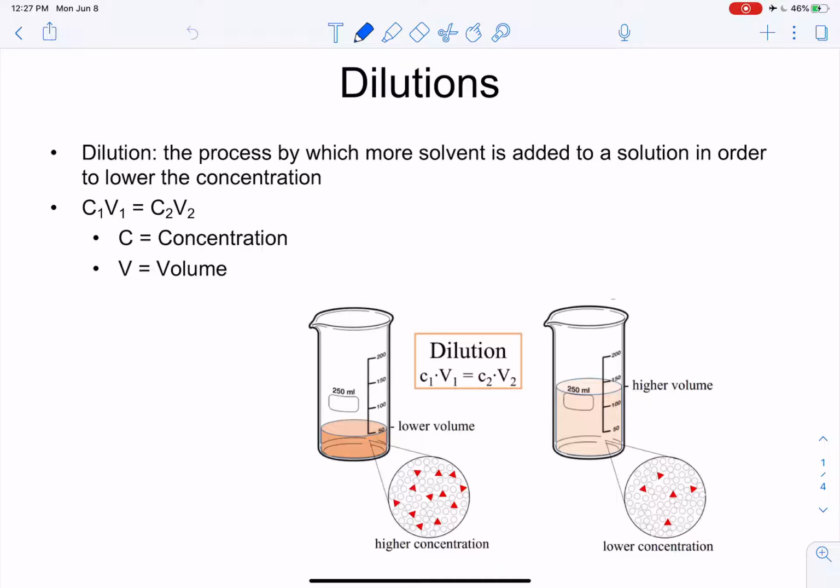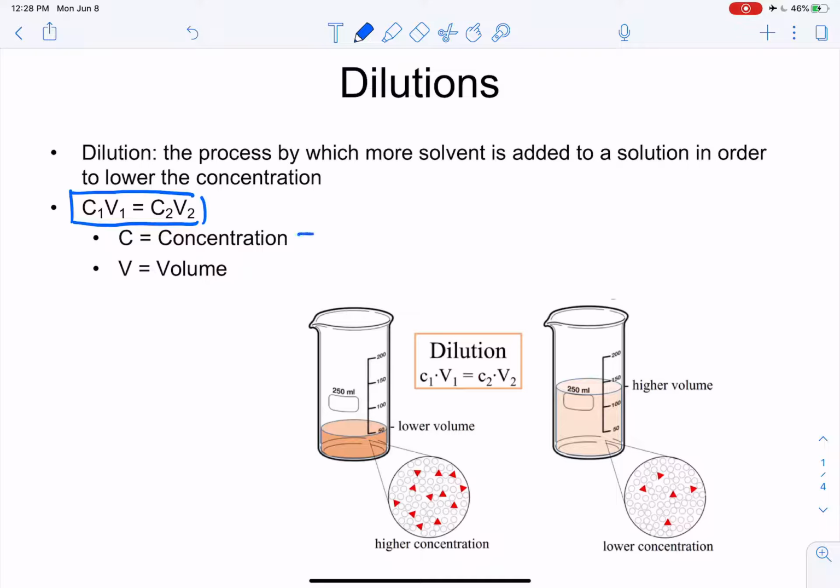And the equation that we use to figure out different parts, like the second concentration or the second final volume, is C1V1 equals C2V2, where C is the concentration and V is the volume.